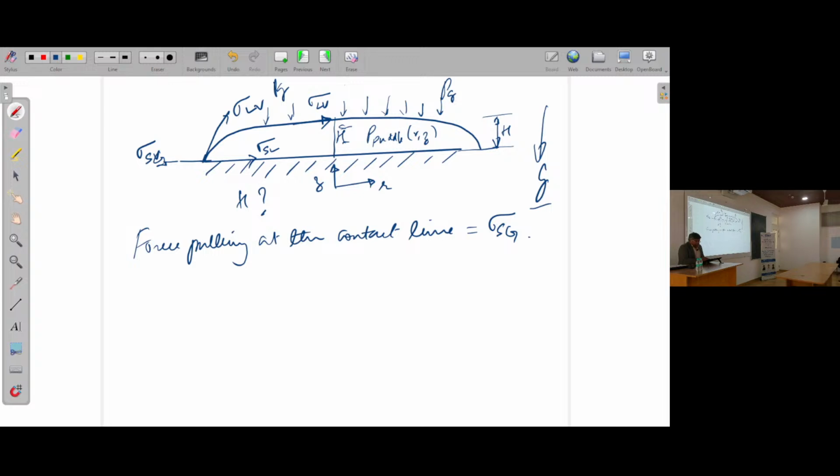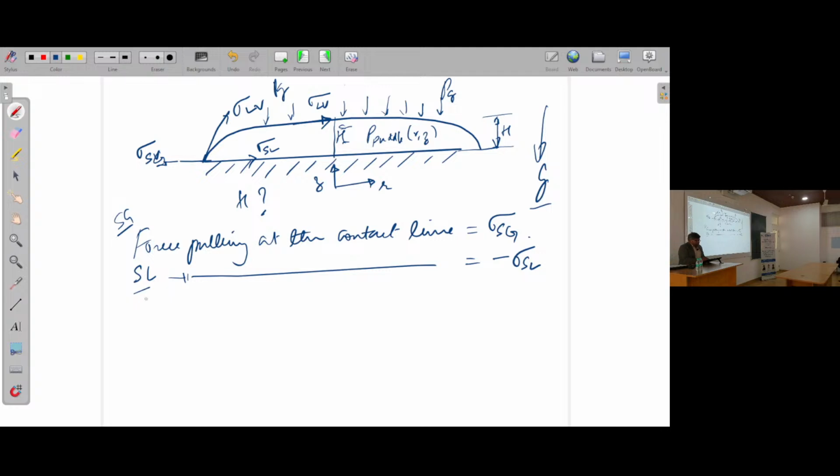Signs don't matter as long as we follow some convention. The other thing you can see is you also have the solid liquid force. This was basically the solid gas force, but you'll also have a solid liquid force pulling at the contact line. If sigma SG is in that direction, sigma SL is in this direction. If this is positive, this is negative. As I mentioned, as long as we follow a convention, it doesn't matter.